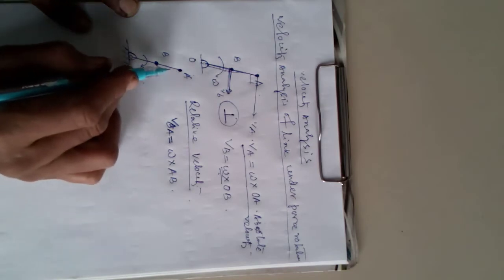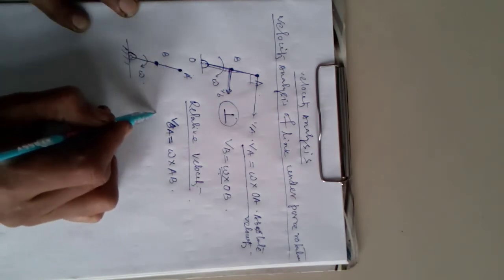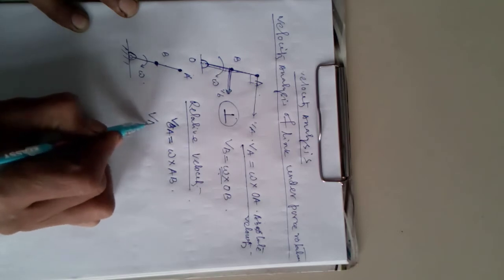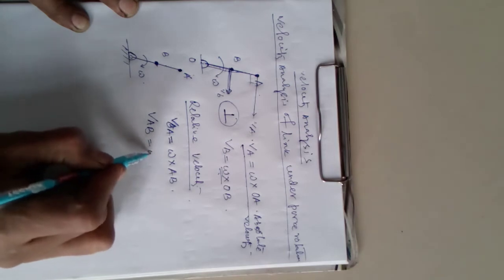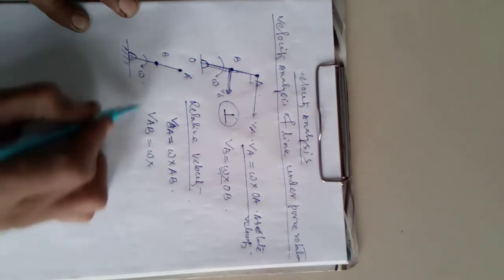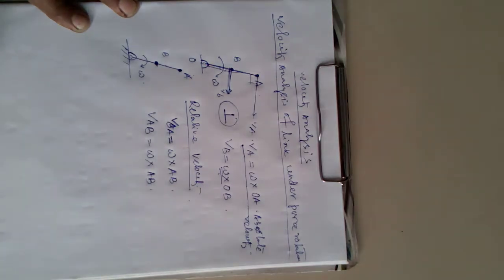Now the relative velocity of B with respect to A, VAB, is also omega into AB.